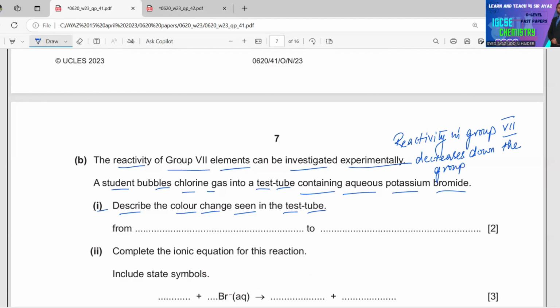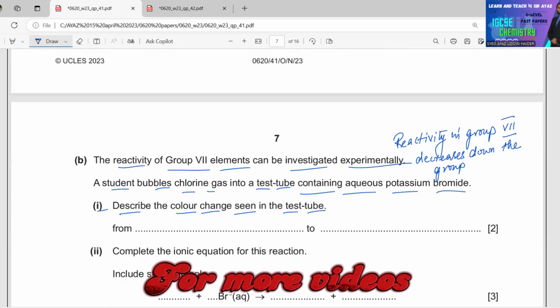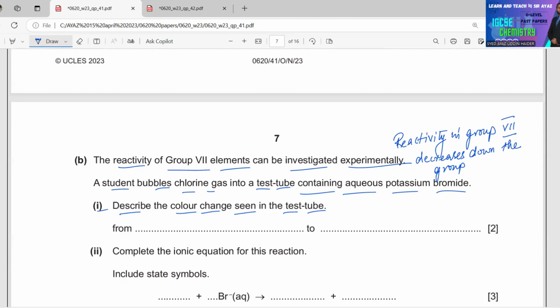They need to gain 1 electron as they are in group 7 to complete the valence shell. And as you go down the group, what's happening? There's addition of a shell and the valence shell is moving further away from the nucleus. So the incoming electron experiences less force of attraction by the nucleus. So the top one will displace the halogen below it from their compound.